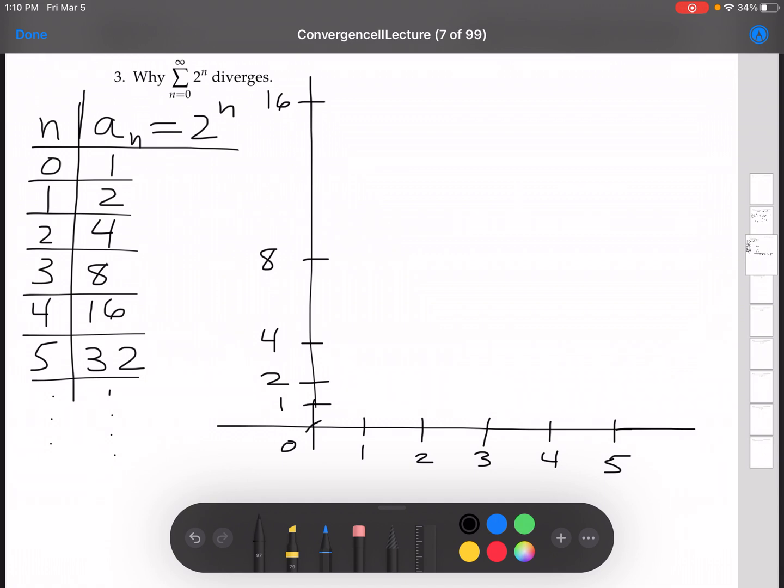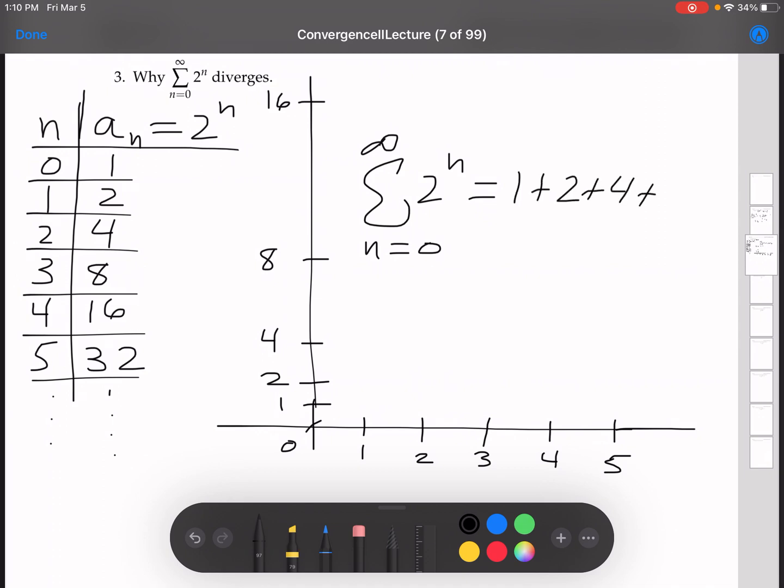If we were to write out this sum, you'd write it from n equals 0 to infinity of 2 to the n. So this would be 1 plus 2 plus 4 plus 8 plus continuing on. This first number here is represented by this rectangle right here.